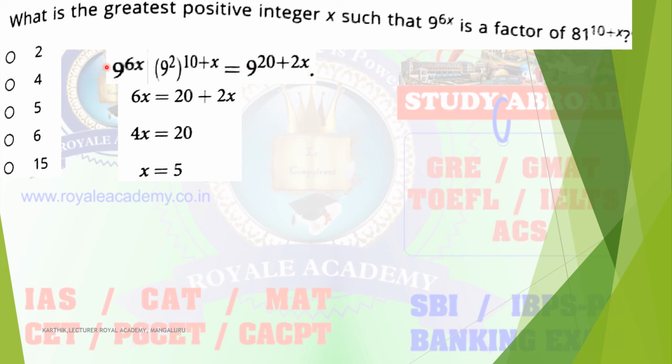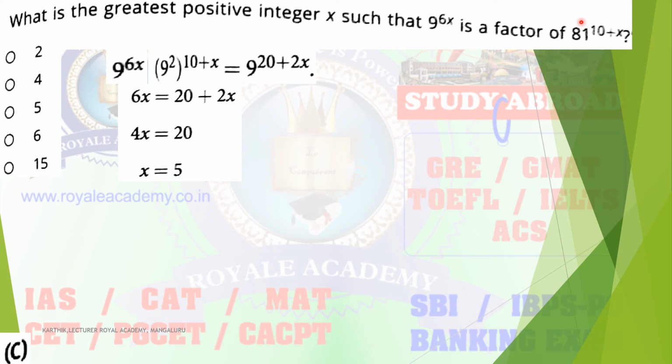So here the 9s cancel each other. The remaining term is 6x equal to 20 plus 2x. So 6x minus 2x is 4x equal to 20. Then 20 divided by 4 is 5. You will get x equal to 5. Option C is correct. I hope all of you understood.